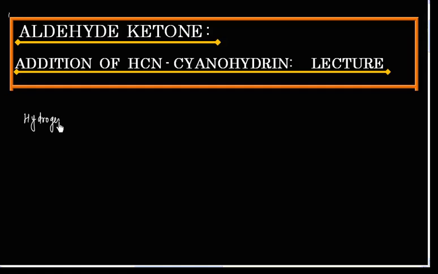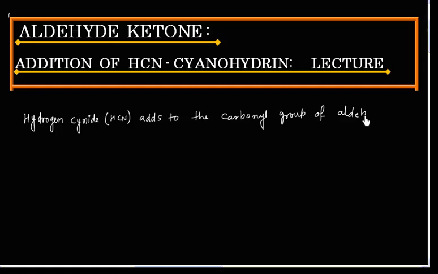Hydrogen cyanide adds to the carbonyl group of aldehydes and most ketones. The final product is cyanohydrin.